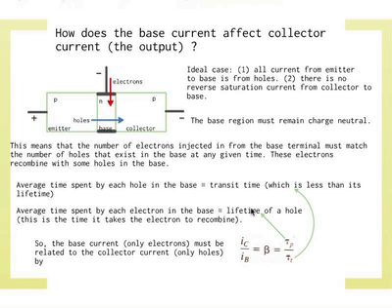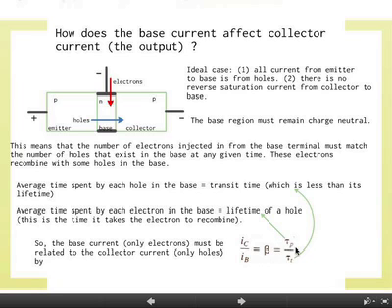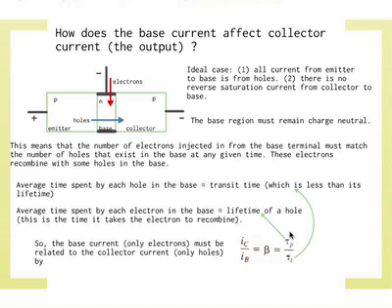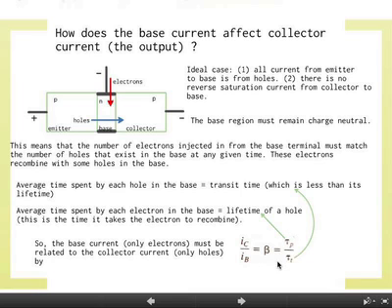So again, if you look at the simple equation, the average time an electron spends within the base is the lifetime of the hole, because within that time the electron has to recombine with the hole. That's how it goes in the numerator, tau p. The transit time is the time that the hole injected from the emitter side spends within the base. That's tau t. So IC over IB becomes tau p over tau t.